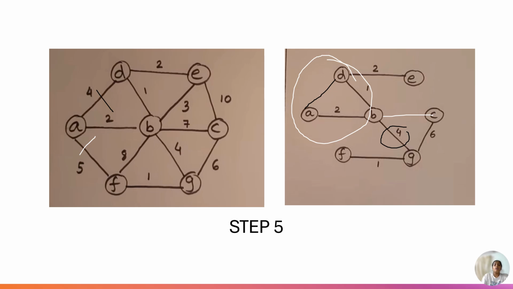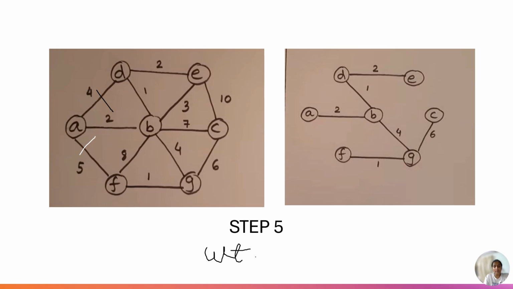Now all the vertices are connected. After connecting, you stop the process. As you can see, all the vertices are connected, forming no cycles. And how do you calculate the total weight of the graph?